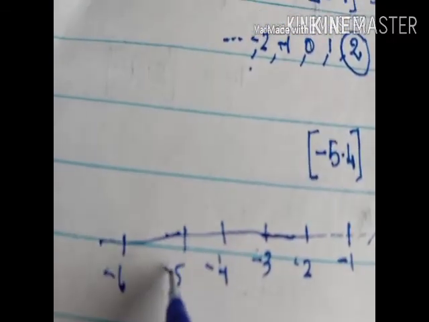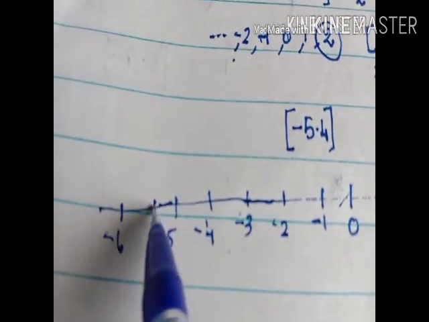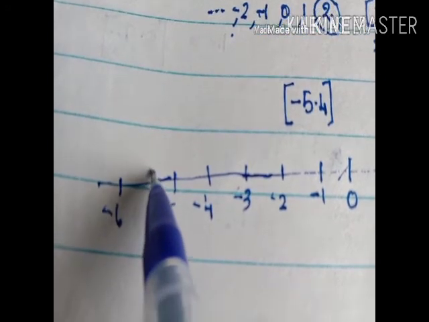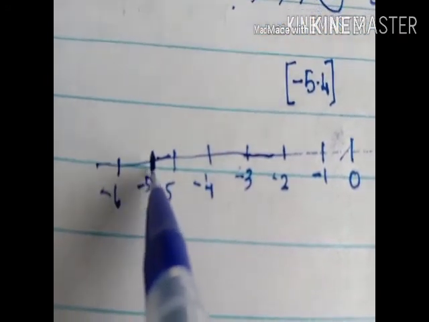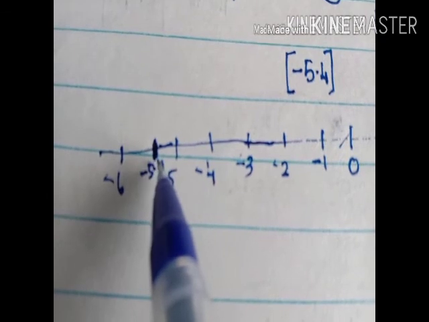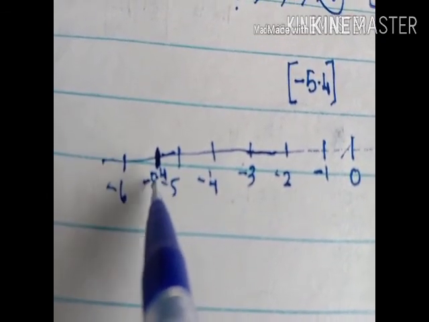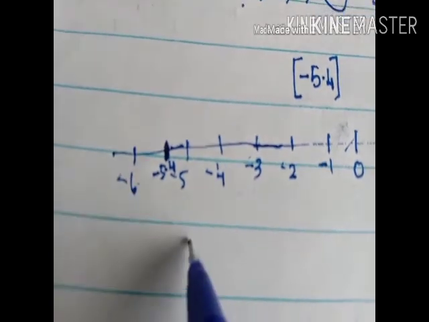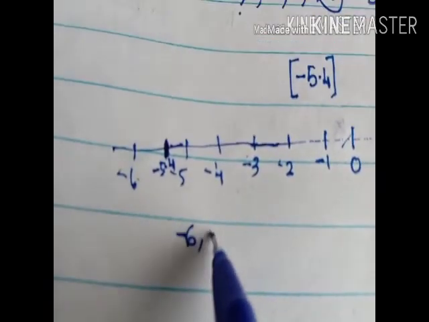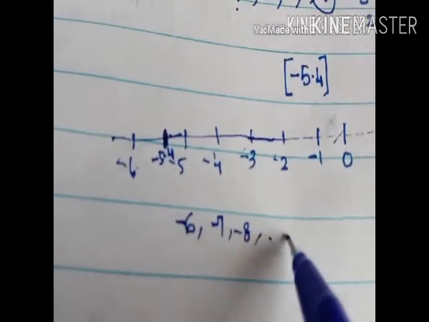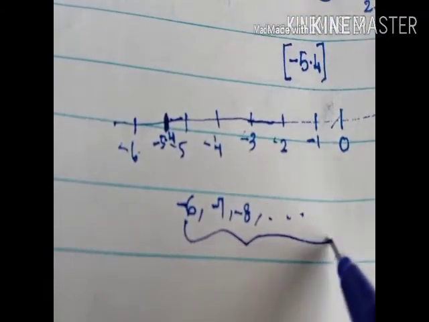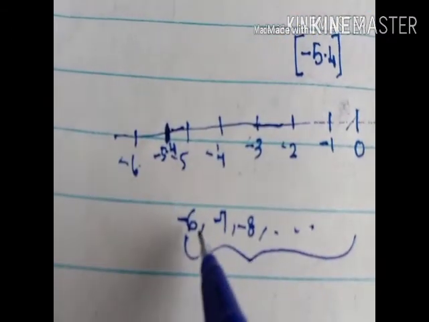Assume this is the number negative 5.4. The integers less than negative 5.4 are negative 6, negative 7, negative 8 and so on. Out of these integers, which is the greatest integer?